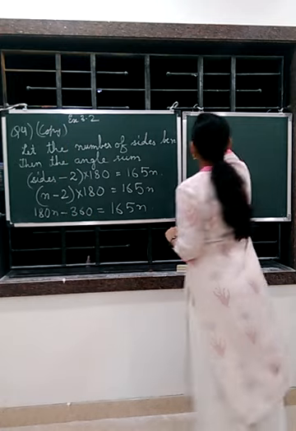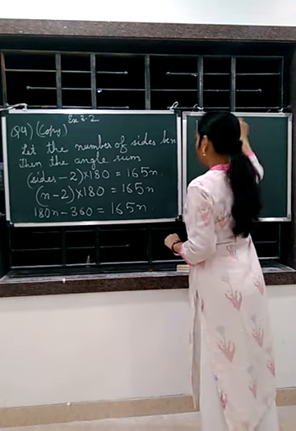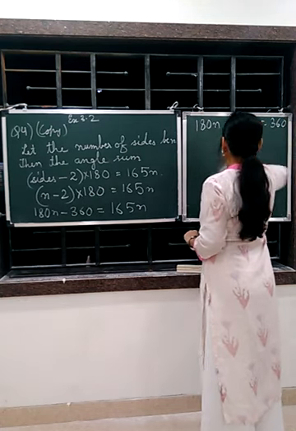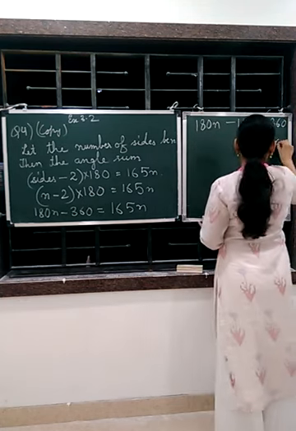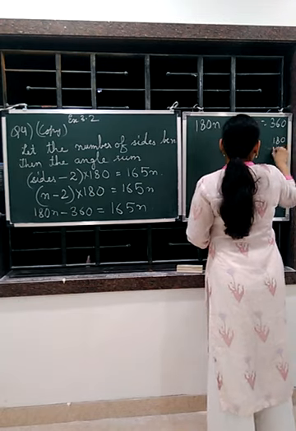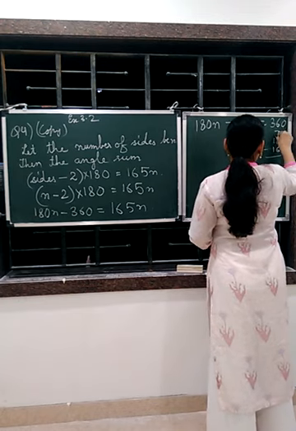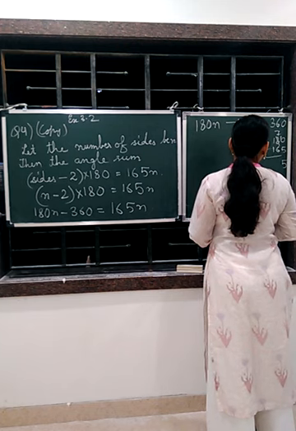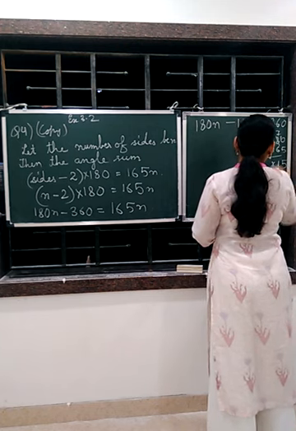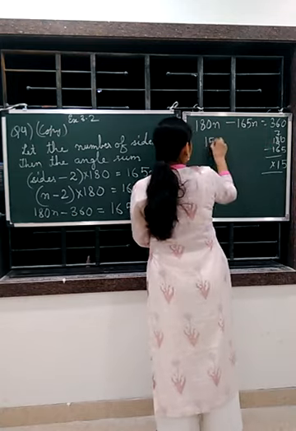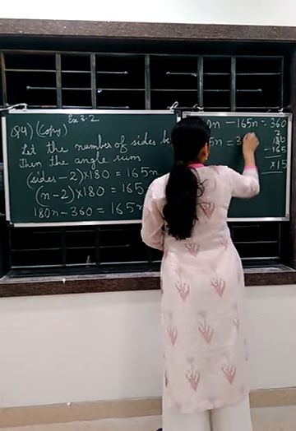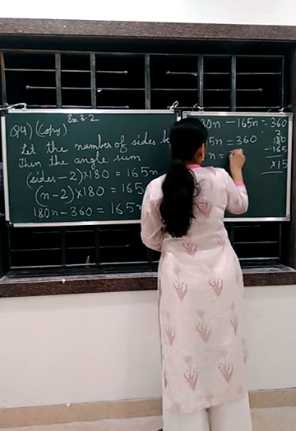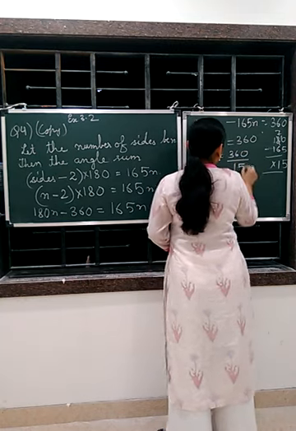So 180 n minus 165 n, that is 15 n, equals 360. So the value of n will be 360 divided by 15.